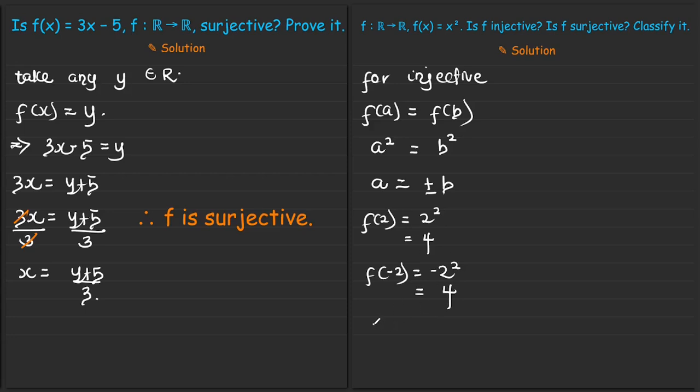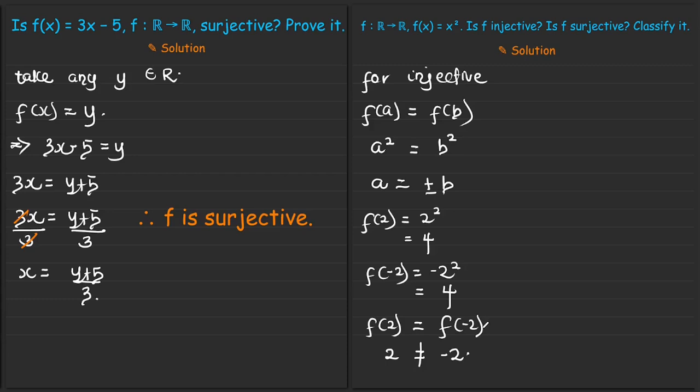With this, we are realizing that f of 2 is equal to f of negative 2. But 2 is not equal to what? Negative 2. Meanwhile, for injective, we said if f of A is equal to f of B, then A should be equal to B. But that is not the case here. It simply means the function is not injective.